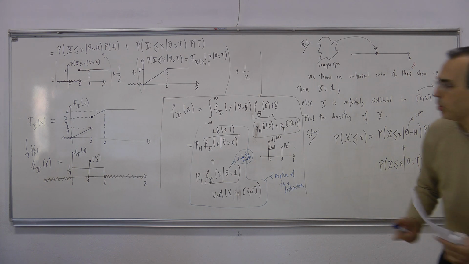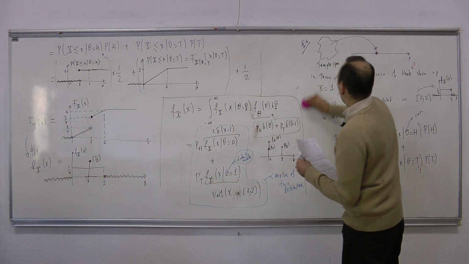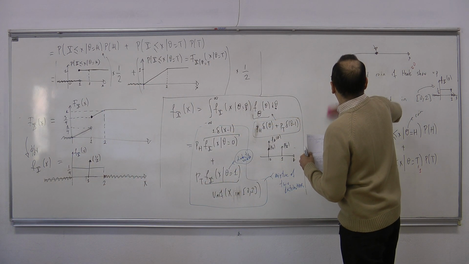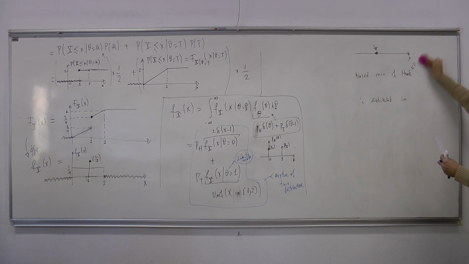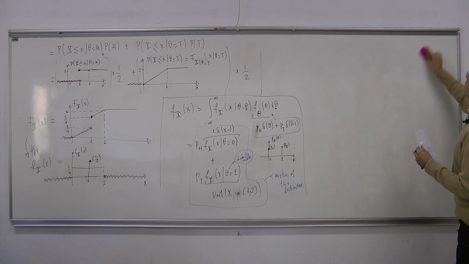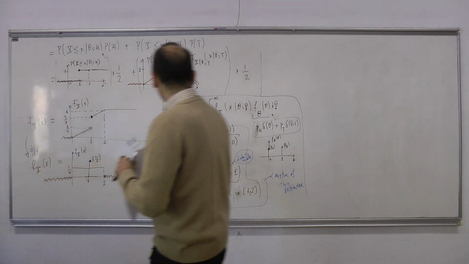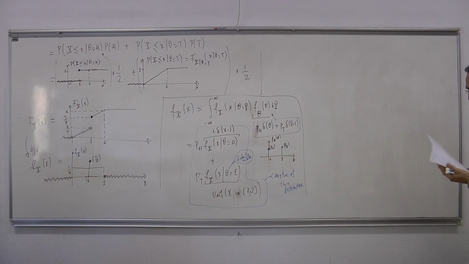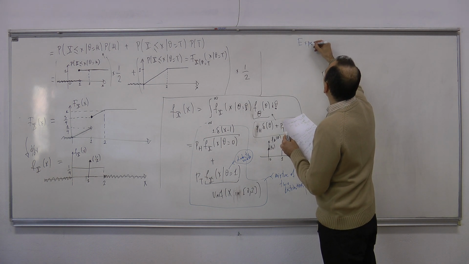Okay. So this is all about PDFs. What we have learned is actually conditional probability, total probability theorem, Bayes' theorem, density calculations, and so on. Up to now, we haven't discussed the expectation operator.